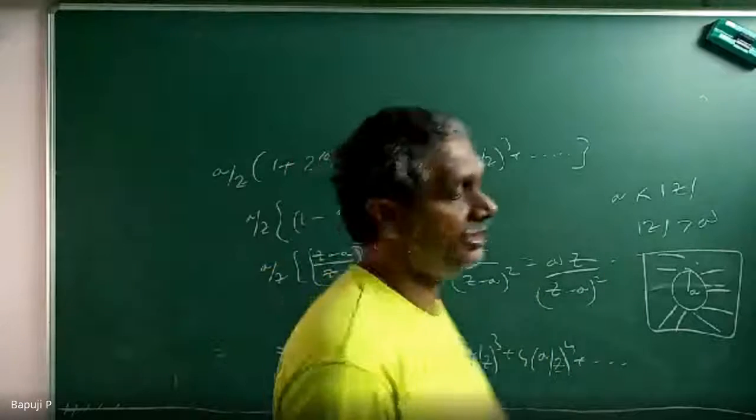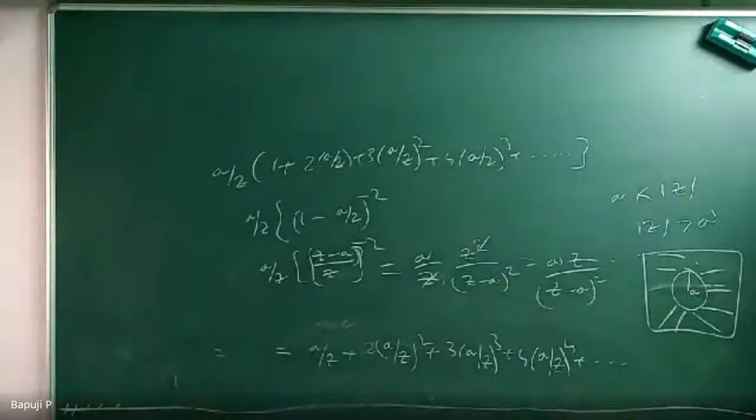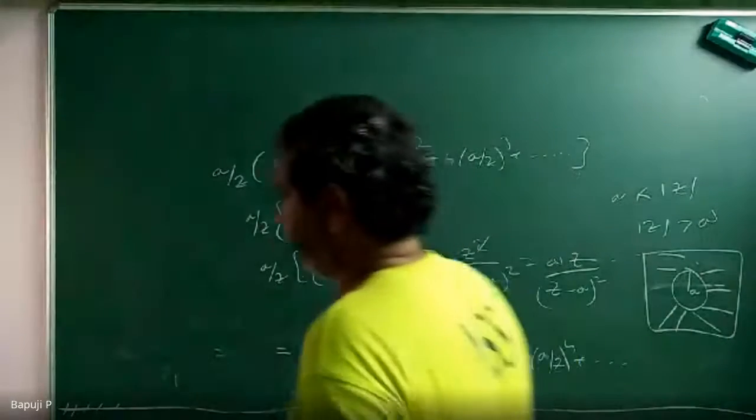Z of n I got z by z minus 1 whole square. This formula is what? A for 1. What problem have we done now? N a to the power of n. N a to the power of n means what? A z into z minus a whole square.